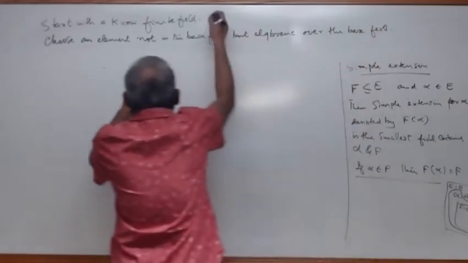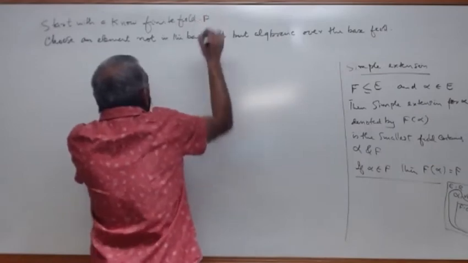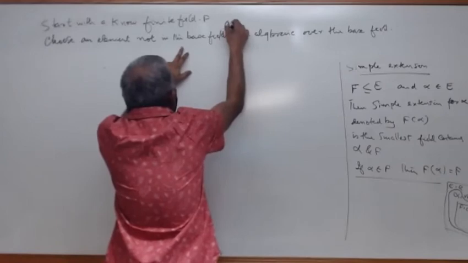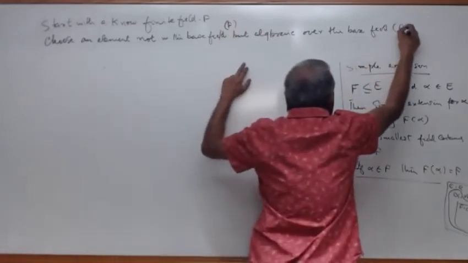Well, I'll call this F. So we don't want to call it the base field again and again. This is F and this is F.